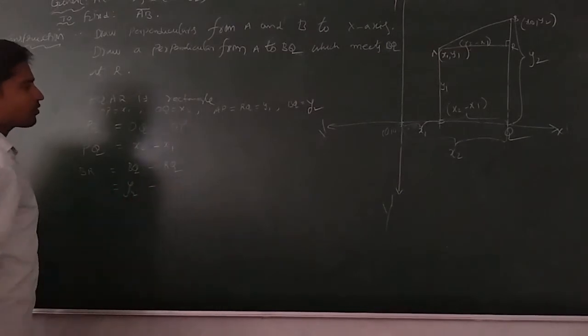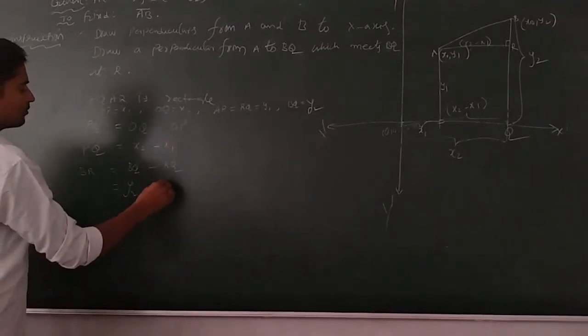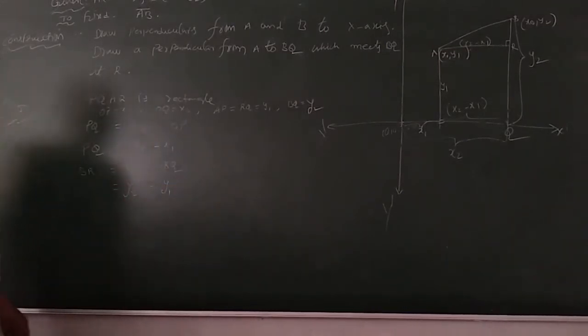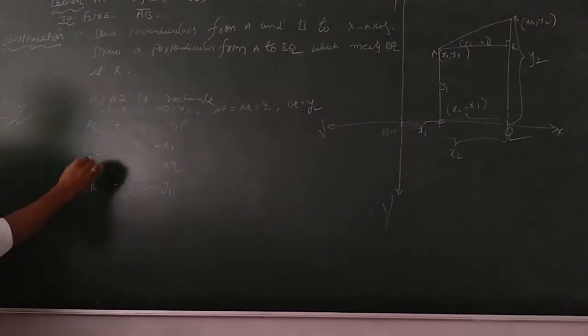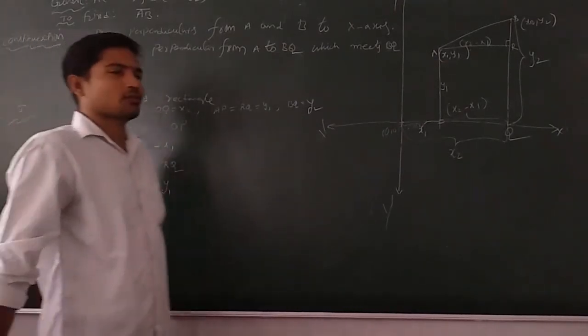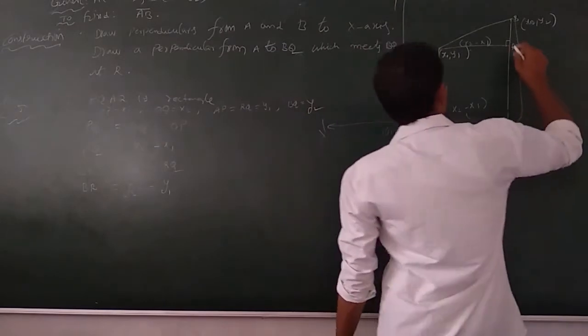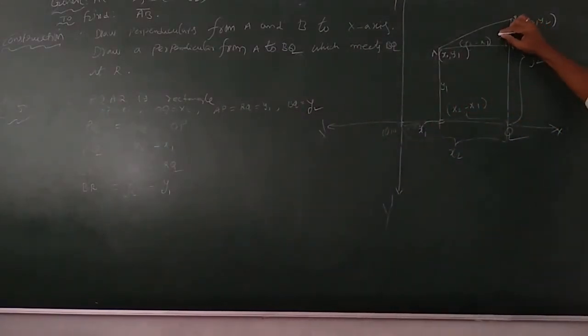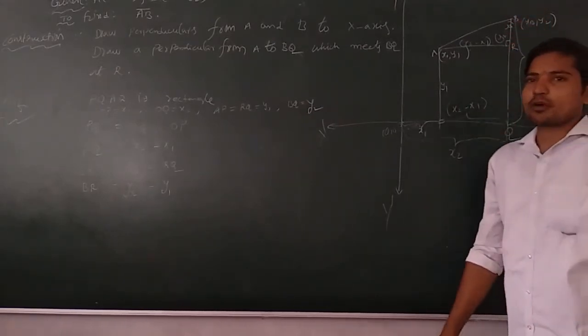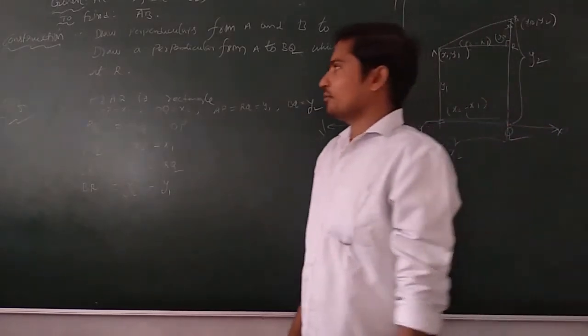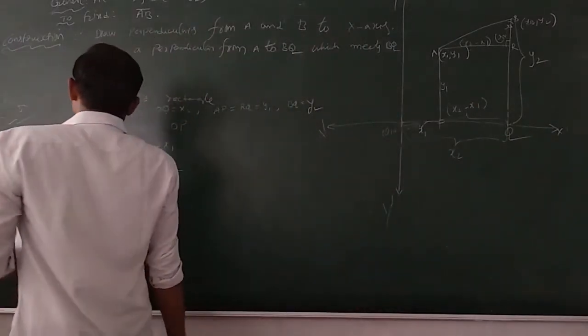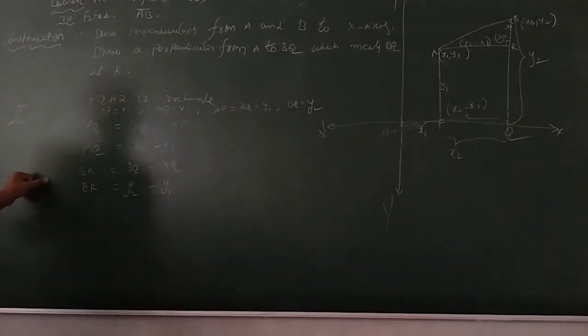Y2. RQ here? Y1. BR equal to y2 minus y1.